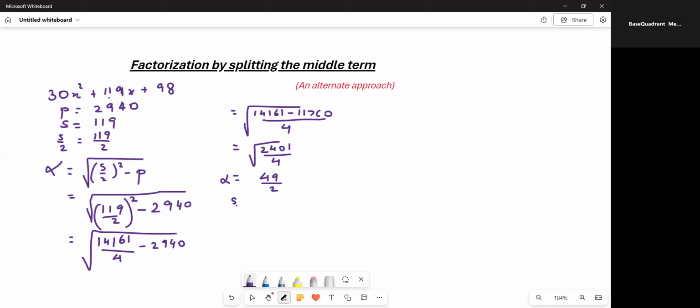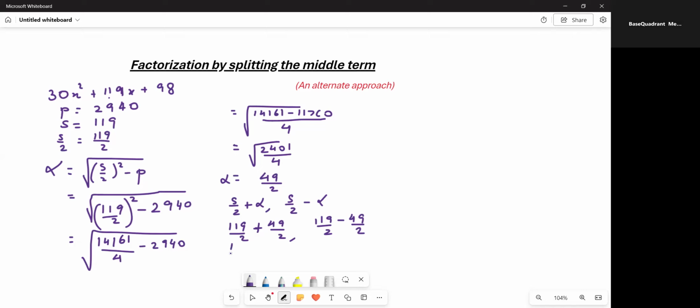Now find sum upon 2 plus alpha and sum upon 2 minus alpha. Sum upon 2 is 119 upon 2. So 119 upon 2 plus 49 upon 2 and 119 upon 2 minus 49 upon 2.